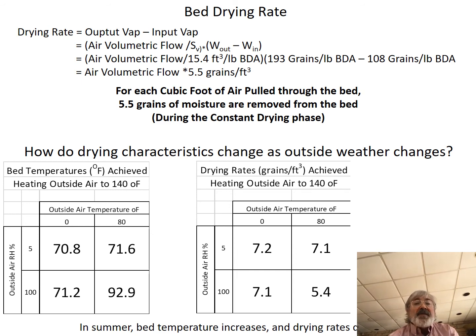So, basically what happens in the summertime, my bed temperature increases, which gives me more precursors for color formation, and my drying rates fall, which keeps me in that higher temperature zone with precursor formation for a much longer time, because it's all happening before the malt gets dry. Okay, so that kind of answers summer versus winter, and it's all just due to the energy of the outside air and the absolute humidity, higher absolute humidity creating higher wet bulb temperatures at saturation.